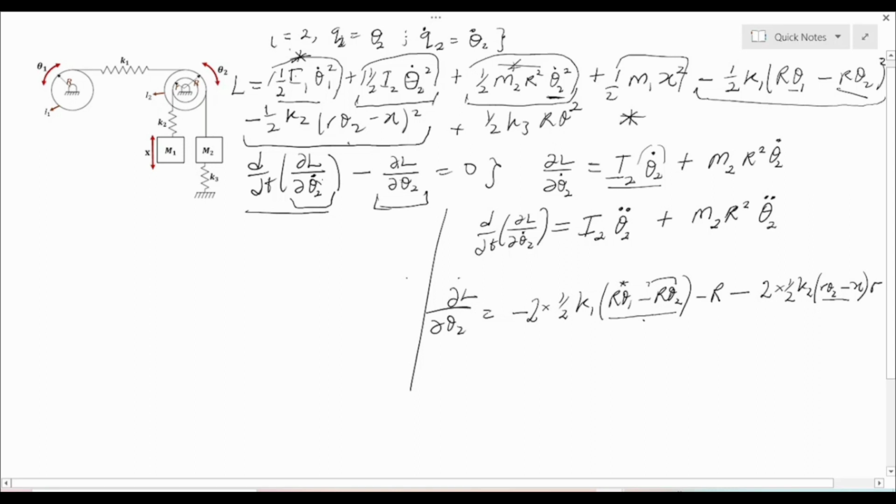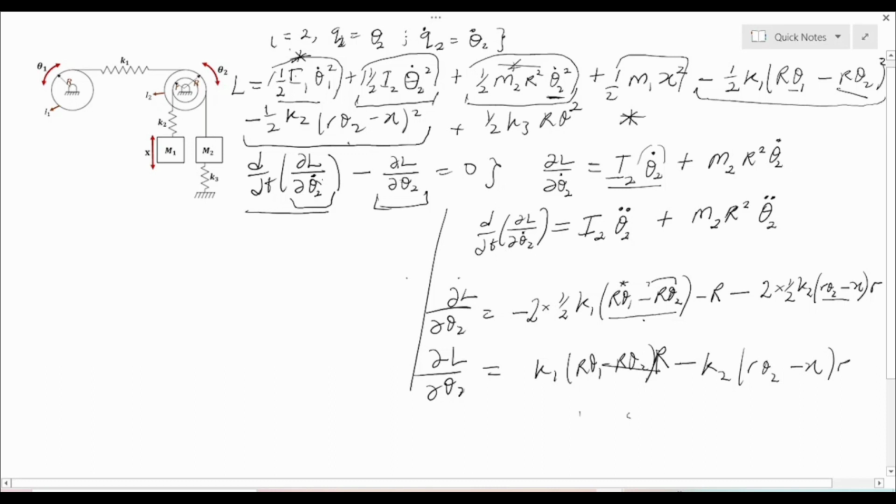If you simplify this further, we will get dL/d theta 2 equal to k1 into bracket (r theta 1 minus r theta 2), all multiplying r, minus, the 2 would have cancelled the half, so we have just k2 (r theta 2 minus x) into bracket r, and this is the second term.